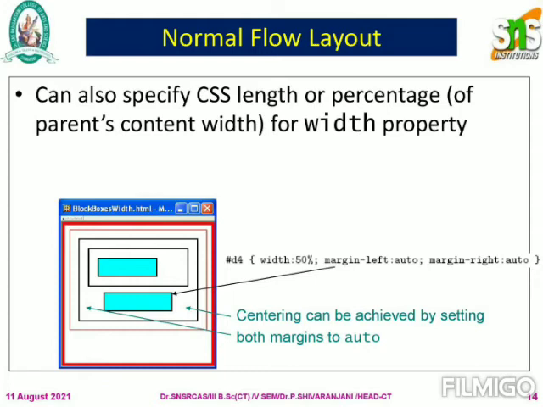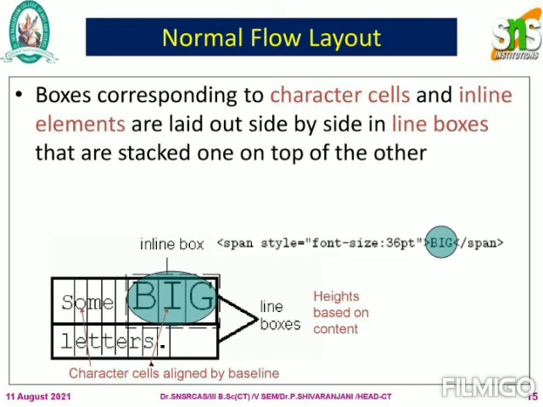Okay, so that's it. So next one is boxes corresponding to the character cells, and inline elements are laid out side by side, while block boxes are stacked one on top of the other. Here you can see that you can have a character element. Here the character cells, which are some letters, fit the particular box, but some elements do not fit.